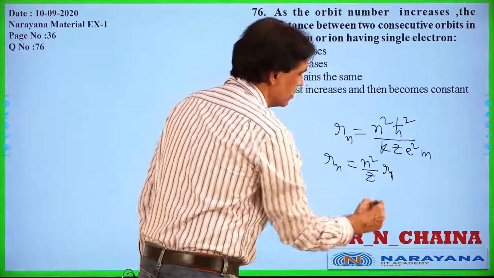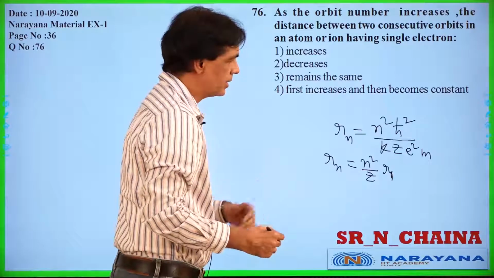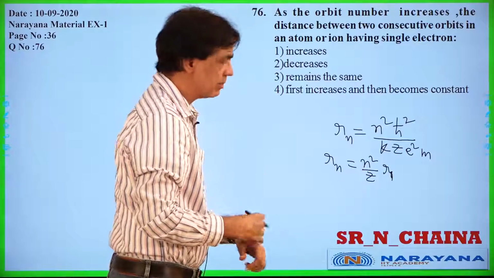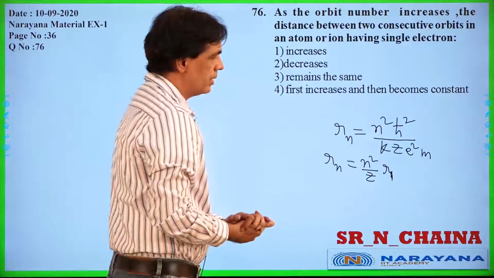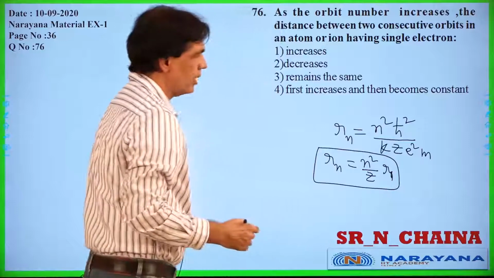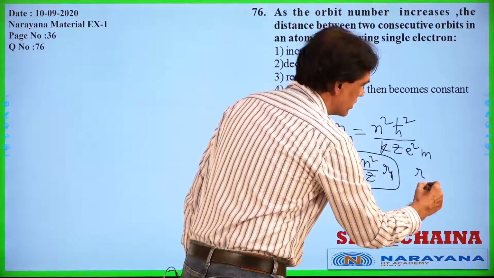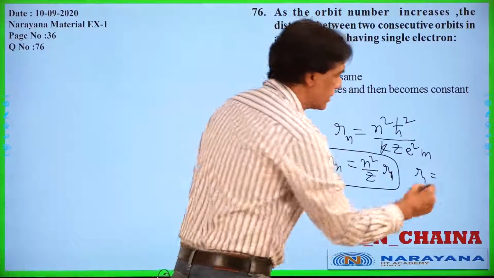What is R1? Bohr's radius, the radius of the hydrogen atom otherwise, meaning the first orbit radius. So nth orbit radius is n square by z into R1. Here R1 is nothing but the radius of the first orbit.